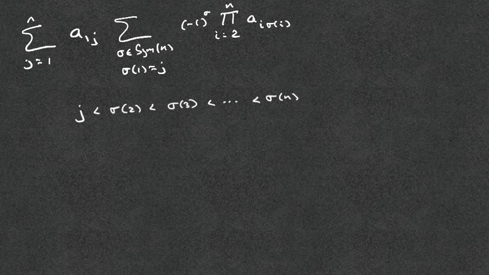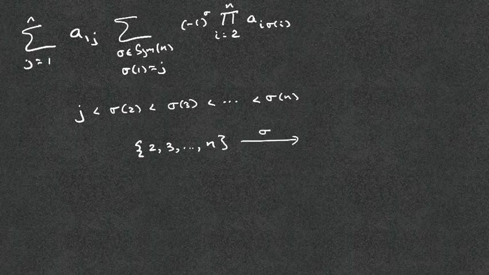And so for all intents and purposes, we really have our sigma mapping the set 2, 3, all the way up to n into the set where we have all of our values of 1 up to n except for j. So we've got 1, 2, up to j minus 1. We skip j, we go to j plus 1, and then we go on up to n.